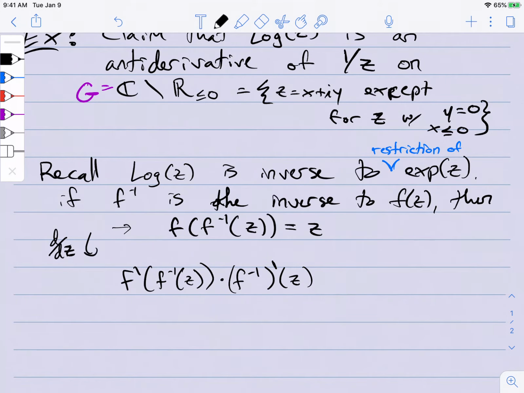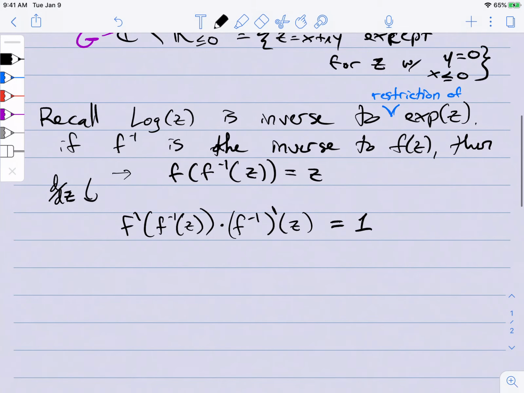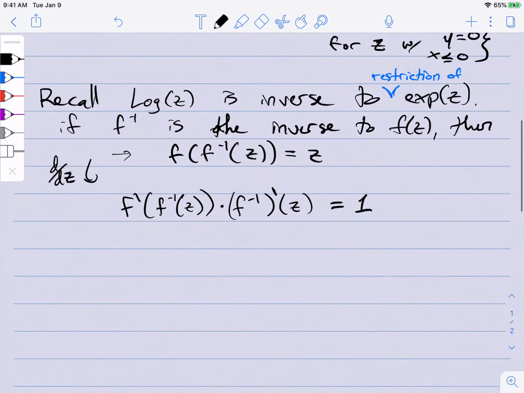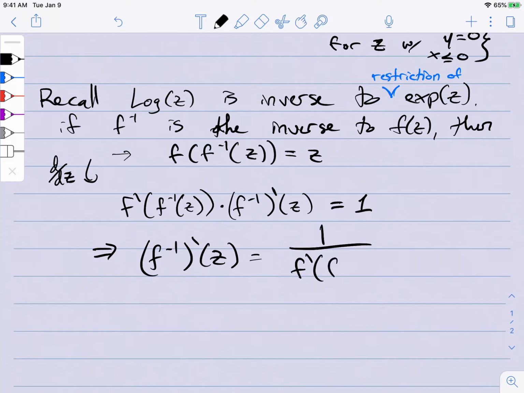And so that's the derivative of the left side. The derivative of the right-hand side we know is just 1. Okay, and the cool thing about this is it allows me to solve for the derivative of the inverse. So this implies that the derivative of f inverse is equal to 1 over the derivative of f evaluated at f inverse of z.